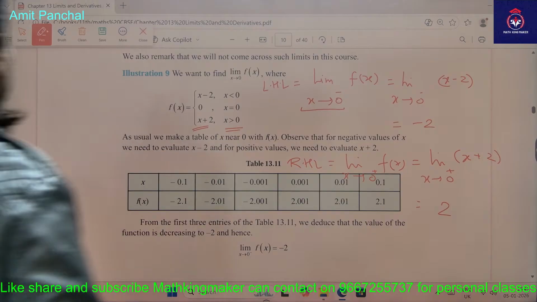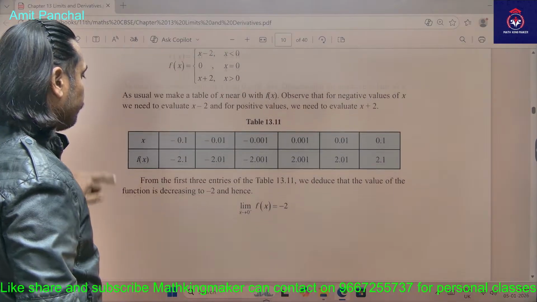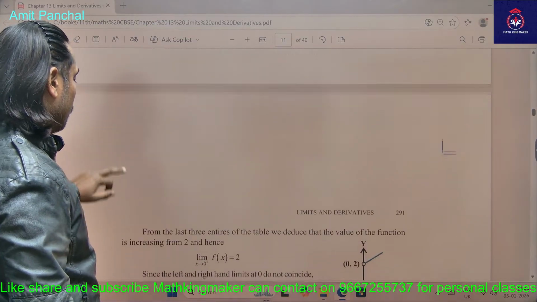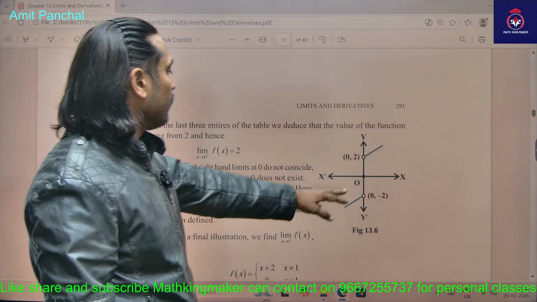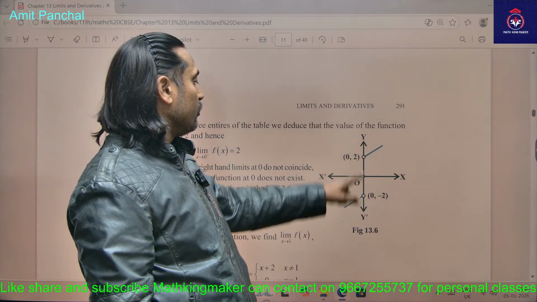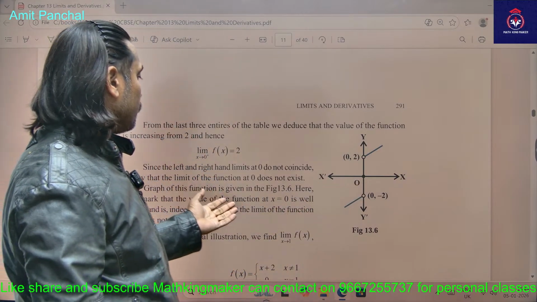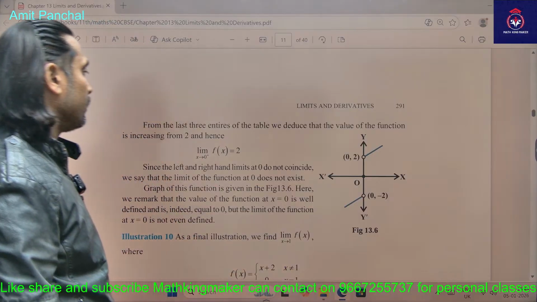Okay. So for limit x tending to 0 negative, the left hand limit is minus 2, its right hand limit is plus 2. So that will be the function like this. At 0 it has the value 0, at less than 0 it is x minus 2 and it is x plus 2 if x is greater than 0.